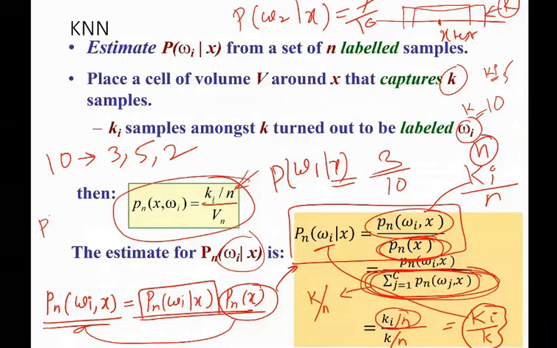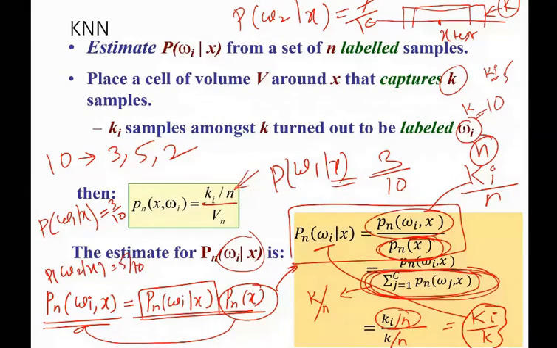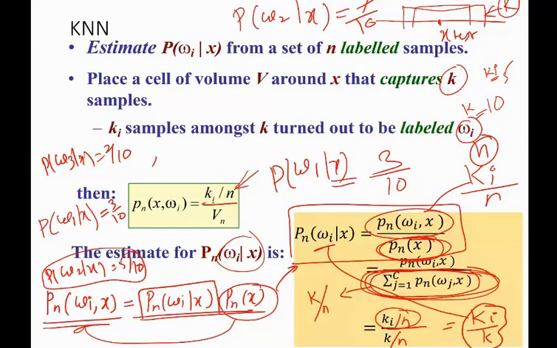Then probability of omega 1 given x is 3 by 10, probability of omega 2 given x is 5 by 10, and probability of omega 3 given x is 2 by 10. Now what is your decision? You will always go with the maximum posterior probability. So your decision is 5 by 10, that is 5 samples.